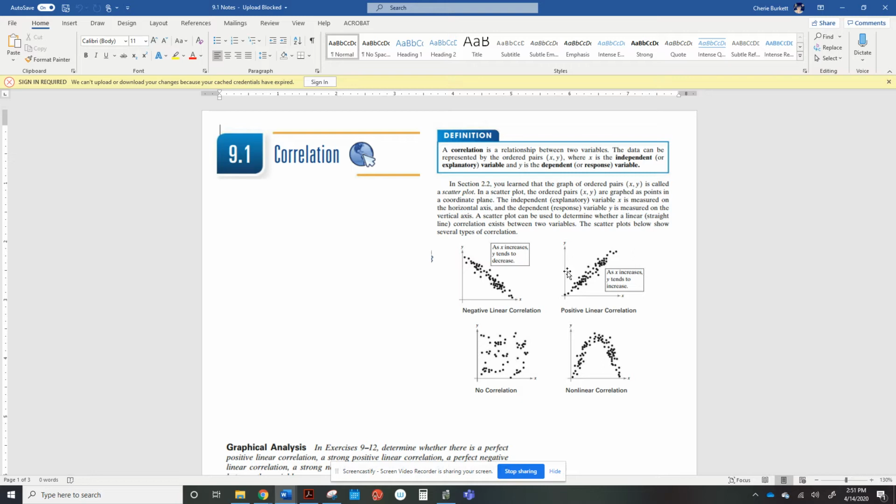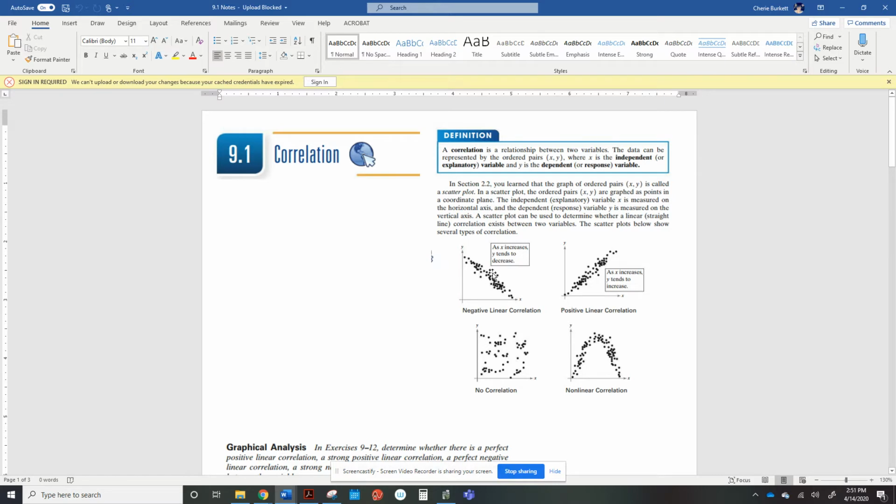But typically, one of the first things that you're going to have to do is be able to look at a scatter plot. And that's what these four things are right here. These are scatter plots. They've taken some data points and they come in an ordered pair, where the first value is a number that's graphed along the x-axis, and the second value is what's graphed on the vertical or the y-axis.